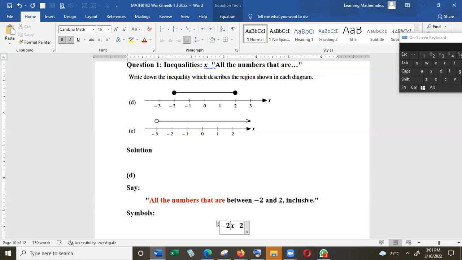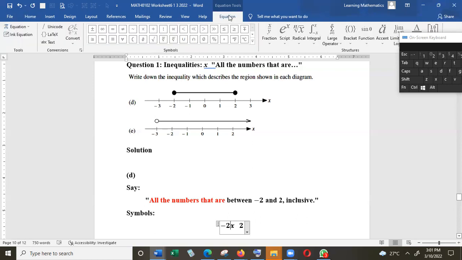So the greater than part of the inequality sign has to be facing the X. If you start reading from the X, X is greater than or equal to -2.